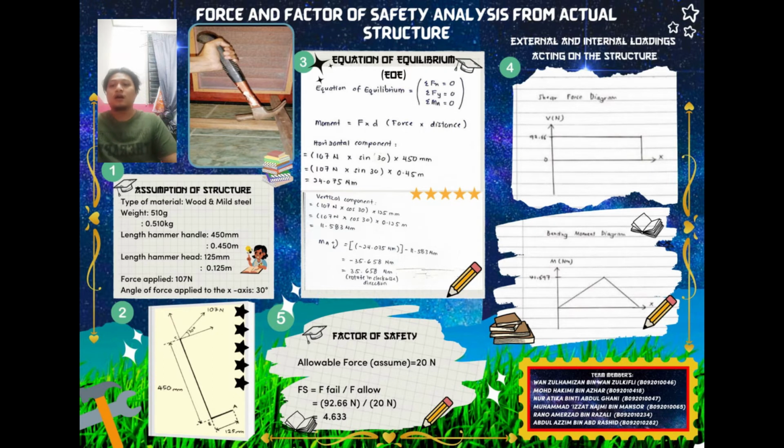After that, we use the moment. We put the summation of moment at A equals 0. The direction is clockwise. So we put A as the point, so Bx times 0.125 meter plus 53.5 Newton times 0.1125 meter plus 92.66 times 0.45 meter.